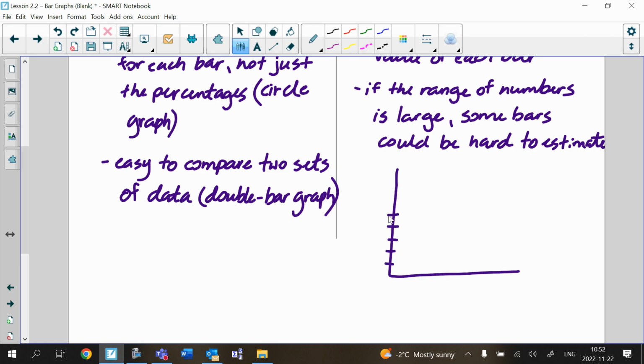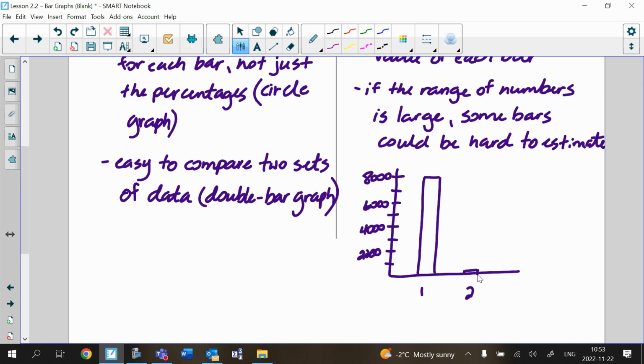Let's say it's going up by 2000s. So we got 2000, 4000, 6000, 8000. And what if one of your bars is something like 8,000, but the other one is like less than 1,000? That's really hard to estimate. But because we have to start from zero, we have to make sure that this bar is included, which makes this one really small and hard to estimate. So that's a possible disadvantage of bar graphs.